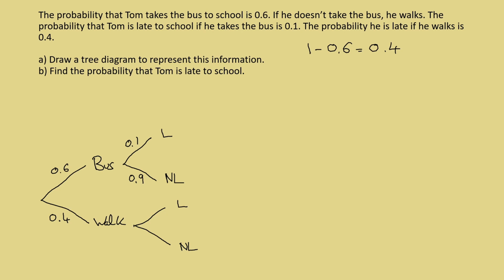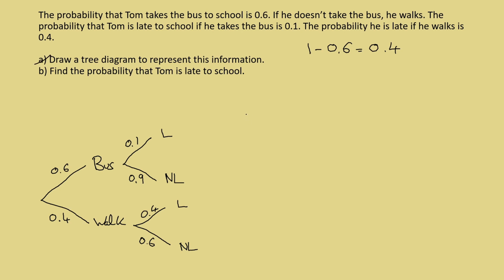Then what about if he's walking? So the probability he is late if he walks is 0.4. So we write 0.4 here. And then the probability of him not being late after walking is 1 minus this. So 1 minus 0.4 gives us 0.6. Excellent. So that's the tree diagram drawn.